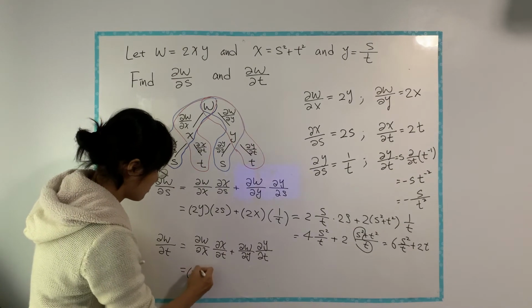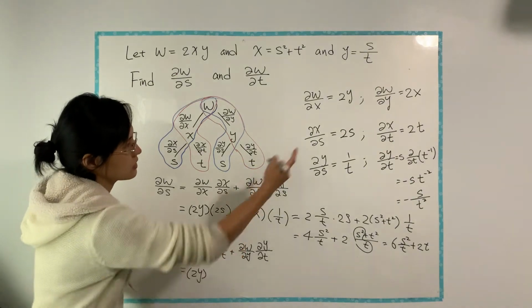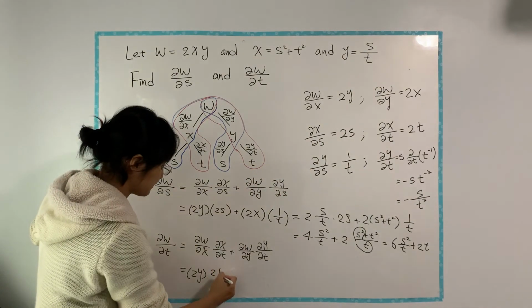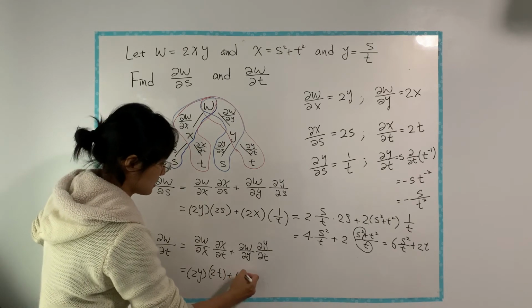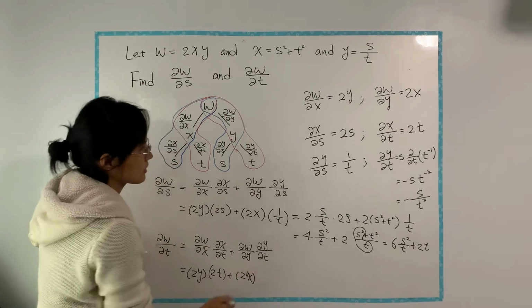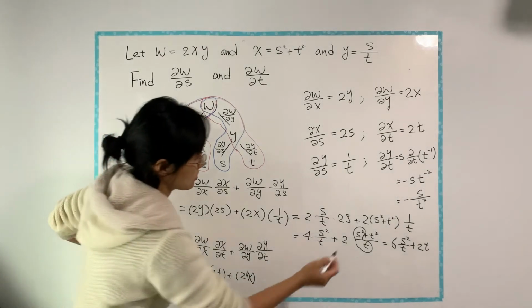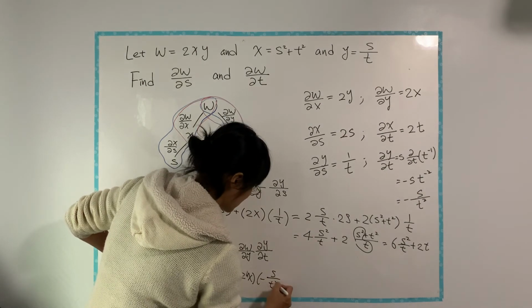I have 2y and I have dx dt. So dx dt is 2t plus 2x times dy dt. So this is dy dt, minus s over t squared.